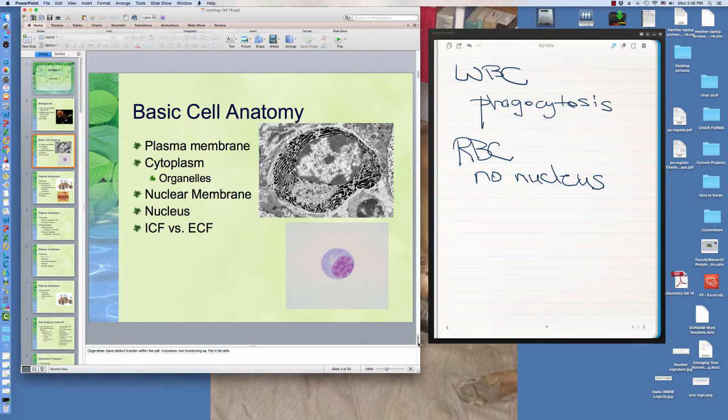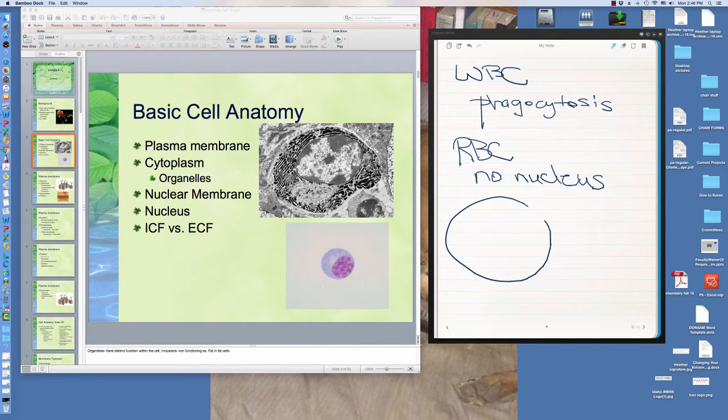So a little bit about very basic cell anatomy. When you're looking at the cell, the exterior of the cell is referred to as the cell or plasma membrane. And then you'll have a nucleus, and that membrane is referred to as the nuclear membrane.